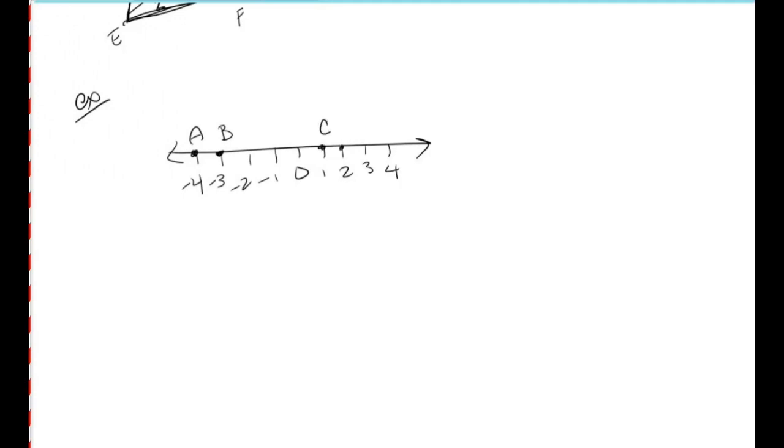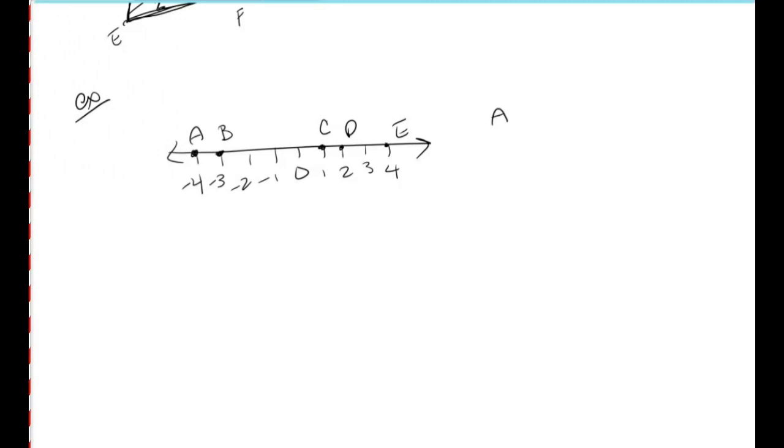To start us off, let's start very basic on a number line. Go ahead and draw yourself a number line, and we're going to throw some points on there. We'll say that this is A and this is B. Let's call this C and this D and maybe this E. Let's just find lengths of these segments.